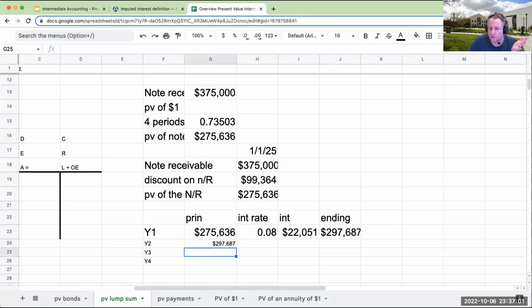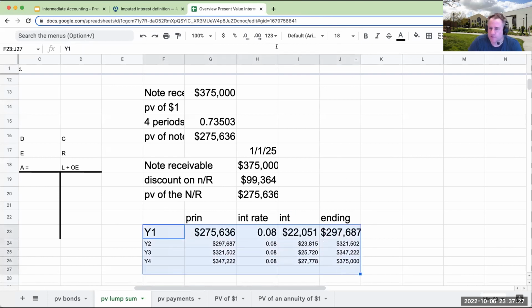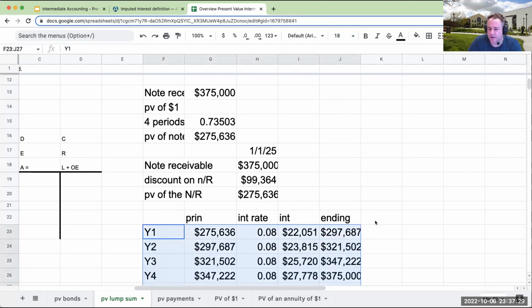Year 2, this comes over here, interest rate is 8%, and now this amount is 321,502. Year 3, invest this at 8%, I'm going to make 25,720, and now this is 347,222. Now we're at another 8%, 27,778. And at the end of the 4 years, this is worth 375,000.